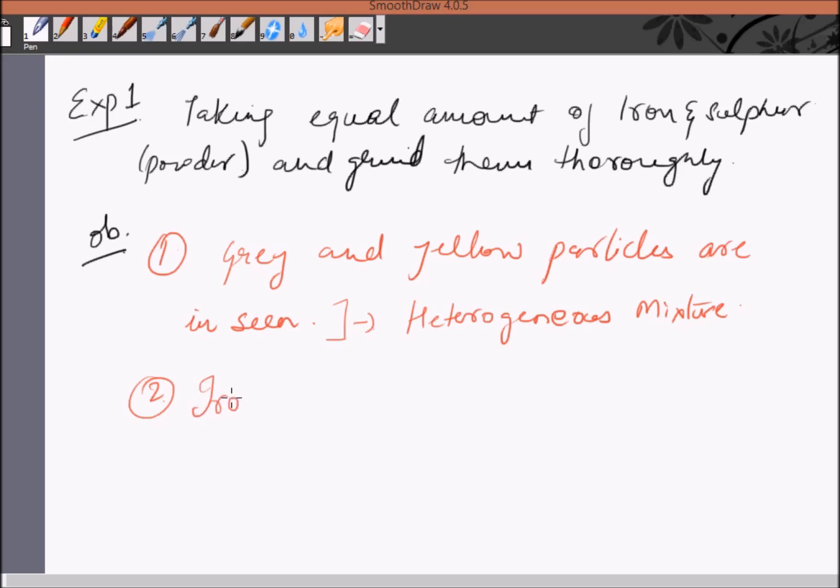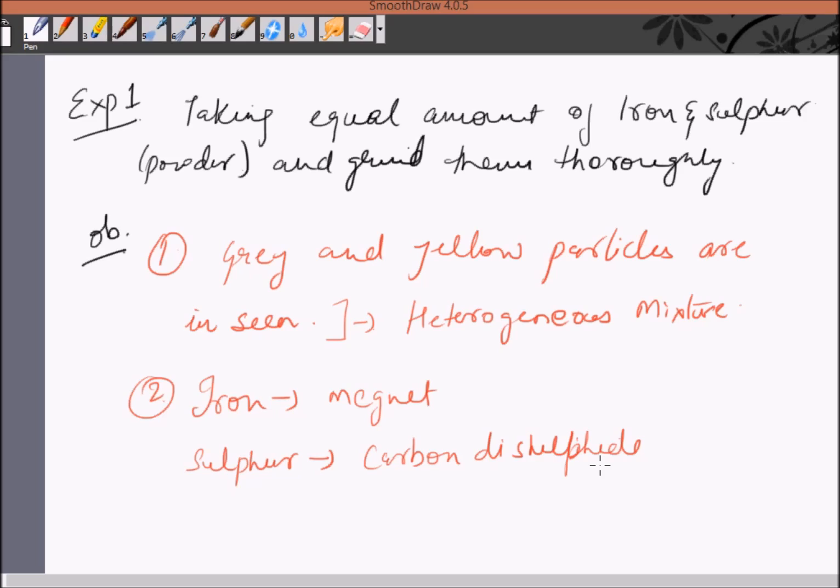Let's write down: iron will be separated by magnet and sulfur can be separated by dissolving in carbon disulfide, right?